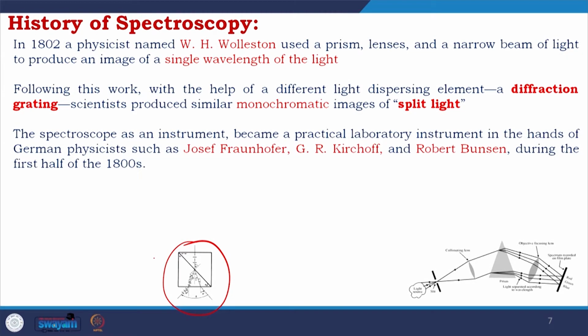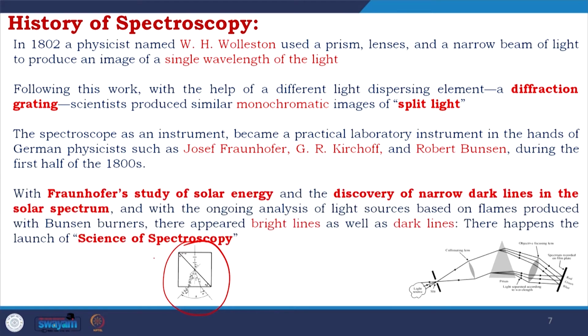The spectroscope as an instrument became a practical laboratory instrument in the hands of German physicists such as Joseph Fraunhofer, I am sure you know about him, I am coming back, J. R. Kirchhoff and Robert Bunsen during the first half of the 1800s.